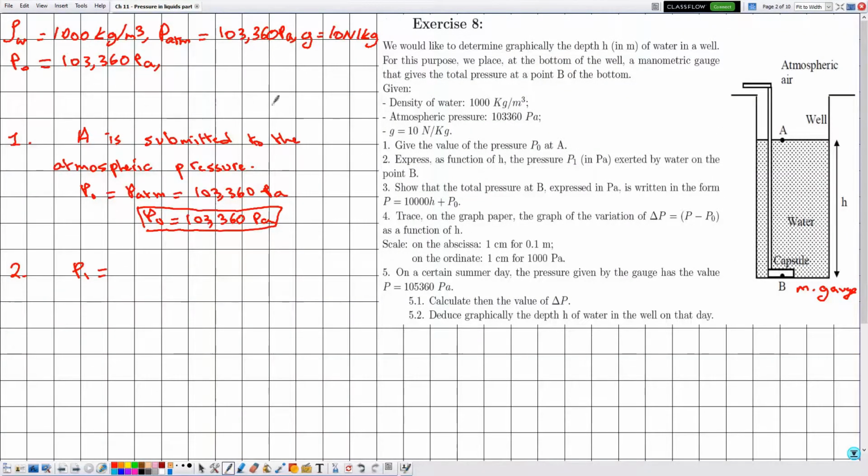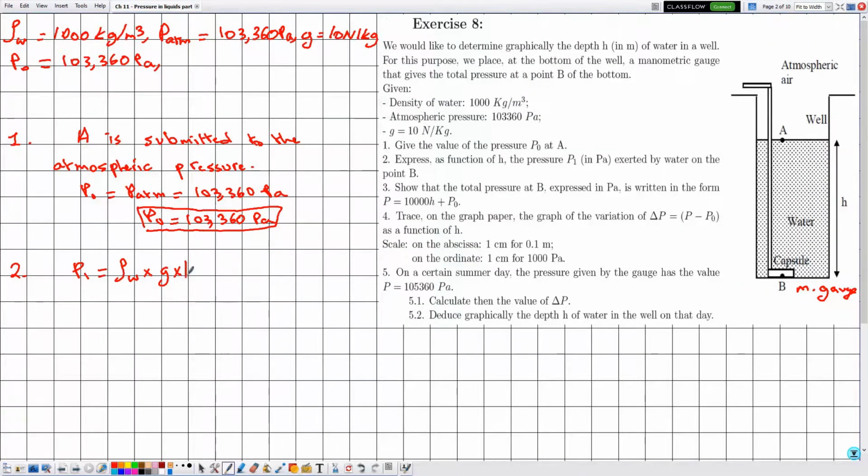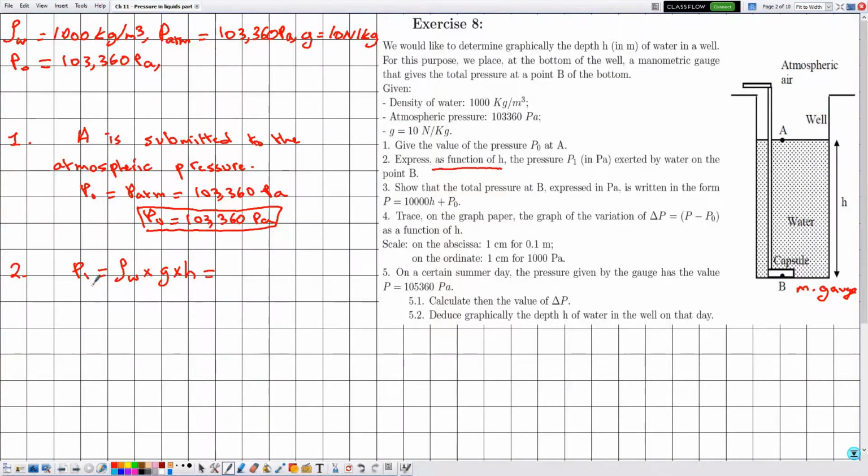Now the density of this liquid, which is water, is denoted by rho W, multiplied by g, multiplied by the depth at which we are calculating this pressure, which is given by H. Now notice that they are telling me to express it as a function of H. The value of P1 must include H as a variable, so let's keep H as a variable. Now the value of rho W is 1000 and the value of g is 10, so we keep H as a variable.